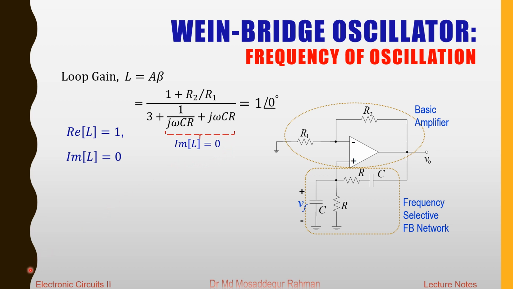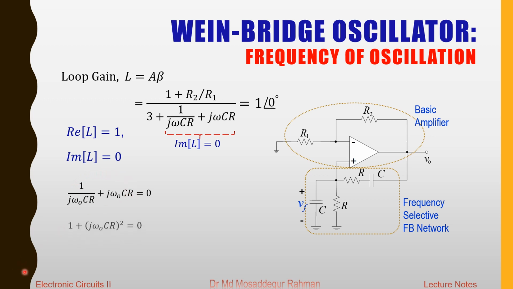So if you equate that, we have the frequency term, we have R and C. These circuit component values and the frequency together will determine the condition. If you assume R and C to be fixed, then for different frequencies you have different values for this, and there will be one particular frequency for which this complex part will be 0. Let's say our frequency is omega naught, and at this frequency omega naught, this part becomes 0.